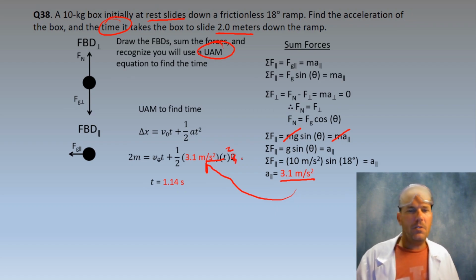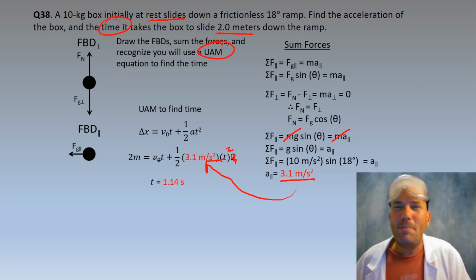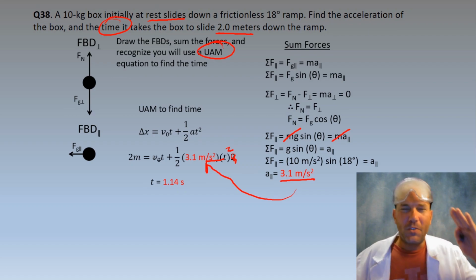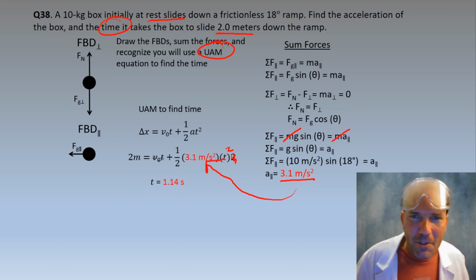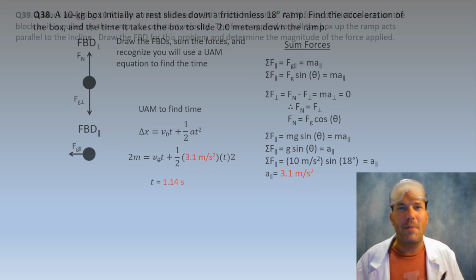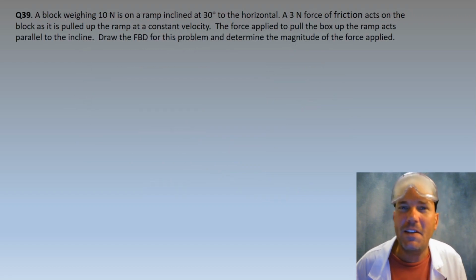That's going to give you an overall time of 1.14 seconds, the amount of time it takes for this box to slide down 2 meters down a frictionless ramp that makes an 18-degree angle above the horizontal. Mass did not matter.